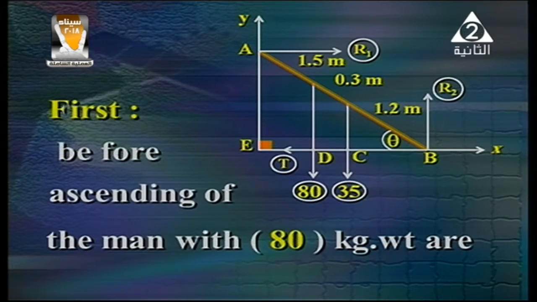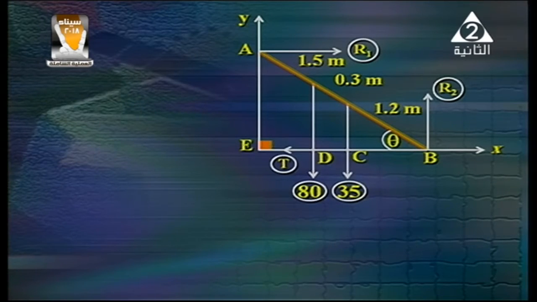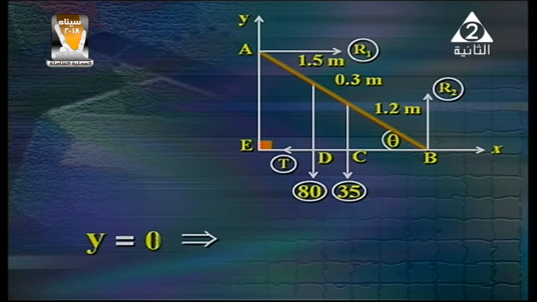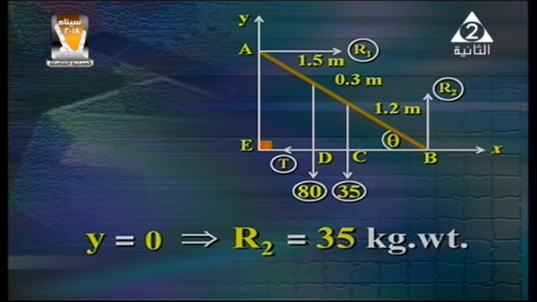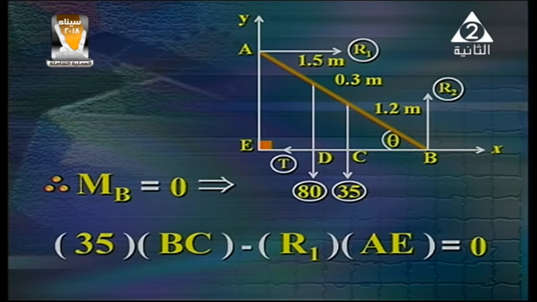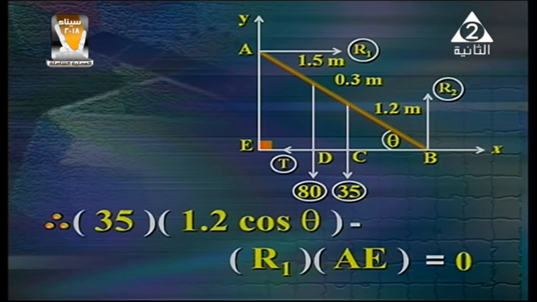First, before ascending of the man with 80 kilogram weight, sum of x equals 0, R1 equals T. Then sum of y equals 0, R2 equals 35. Then moment at B equals 0, we find 35 times BC minus R1 times length AE equals 0 by substitution.